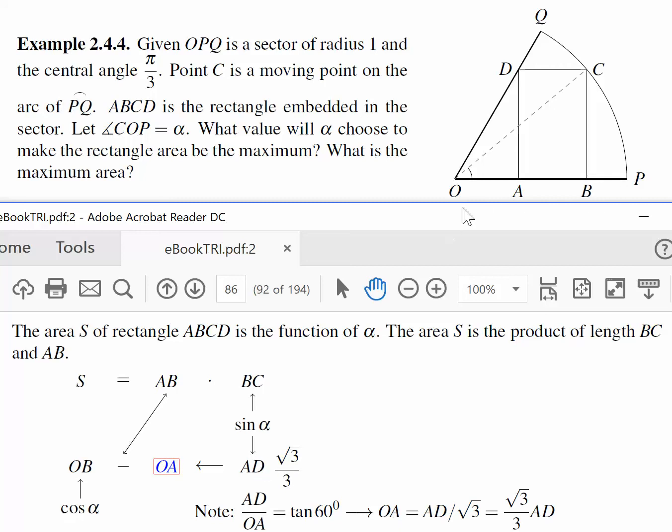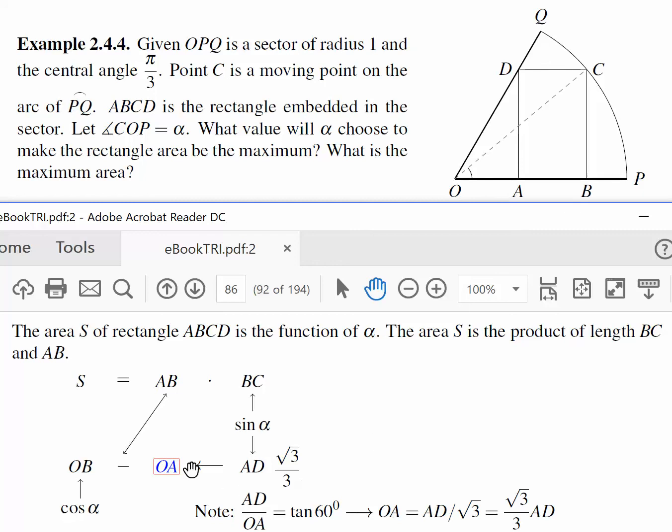Again, AD and BC are equal. Since BC is sine alpha, the y-coordinate of C, then AD will be sine alpha. So AD is actually sine alpha. Sine alpha times radical 3 over 3 will be OA, this part.